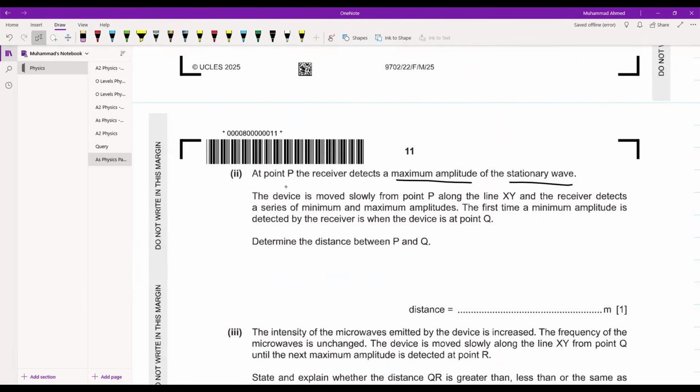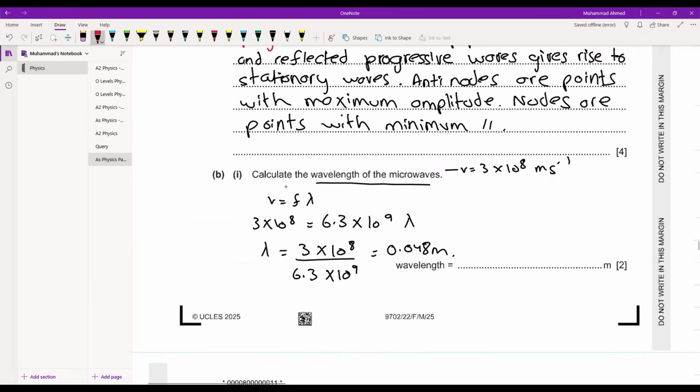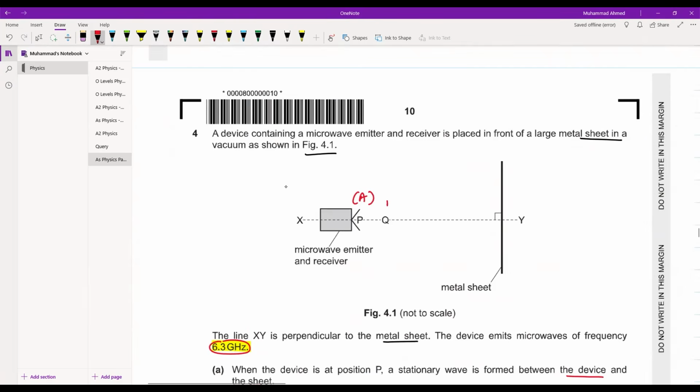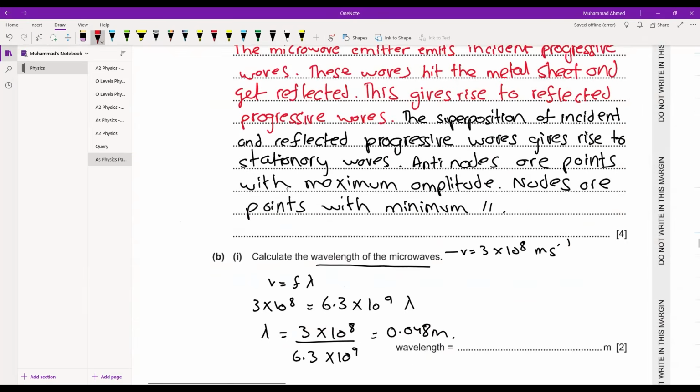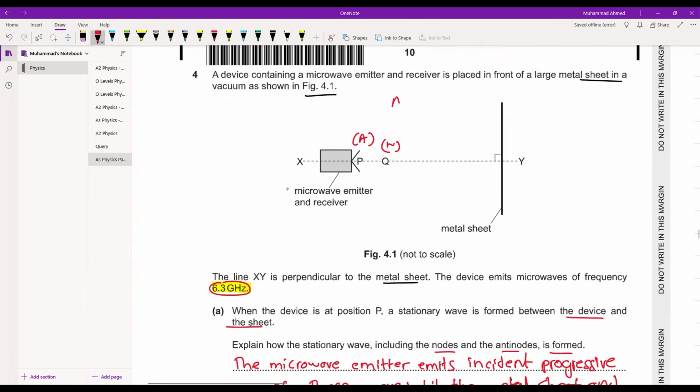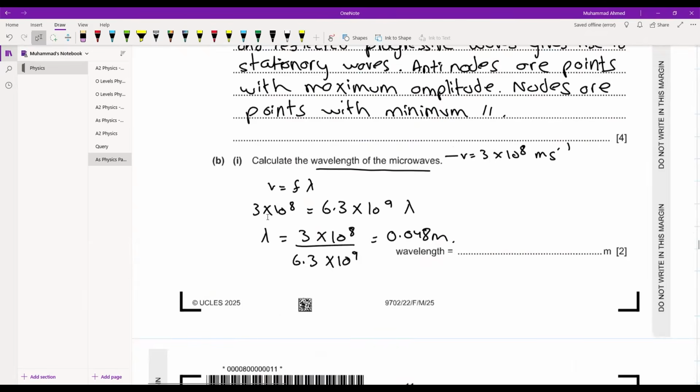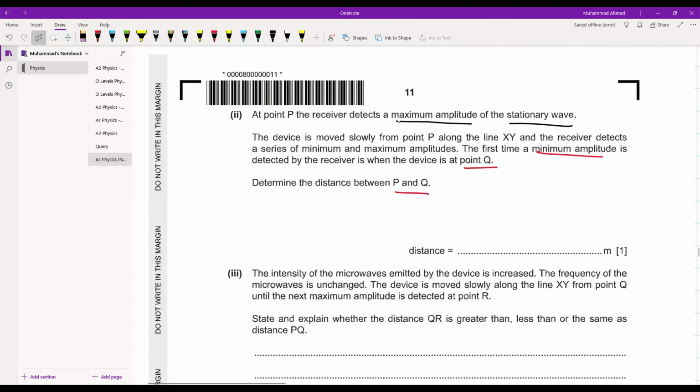The first time a minimum amplitude is detected by the receiver is at point Q. Here you have minimum amplitude, that is a node. You have to calculate the distance PQ. Do you remember that from node to antinode, what is the distance? 1 over 4 lambda. What is your lambda value? 0.048. So 1 over 4 into 0.048 comes out to be 0.012 meters.